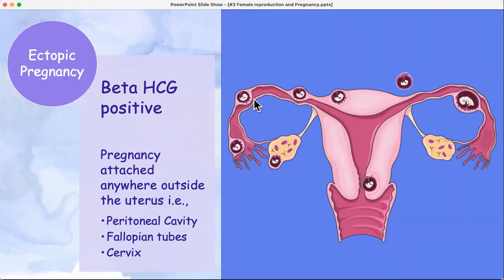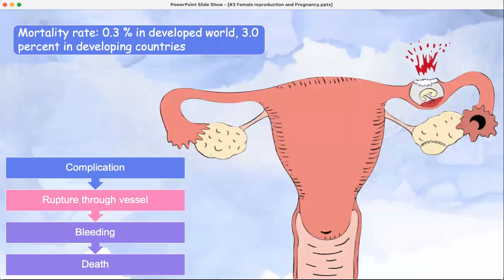Unfortunately, if they're within the fallopian tube, these are places where it can rupture. And if it does rupture, there's massive bleeding and, of course, death to the embryo, but also potential death to the mother because it's a very vascular area.